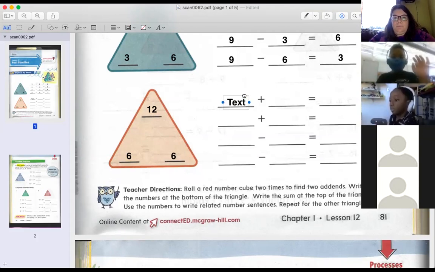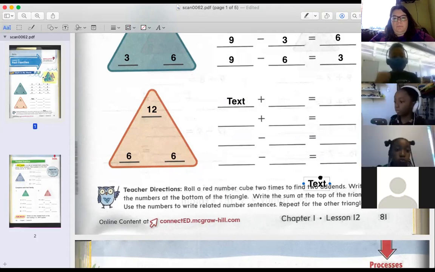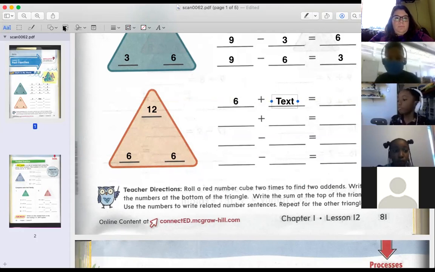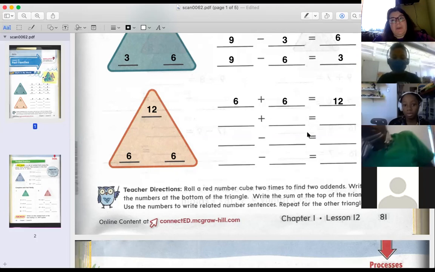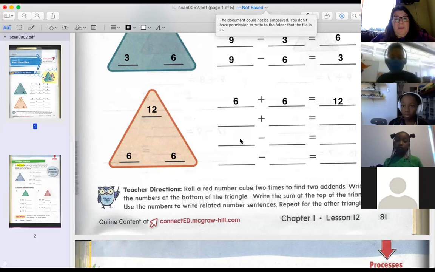Andre? 6 plus 6 equals 12. Now, because the addends are the same amount, do I need to write it again? No, because if I reverse it, it's still going to be 6 plus 6. So I don't have to write another addition sentence.